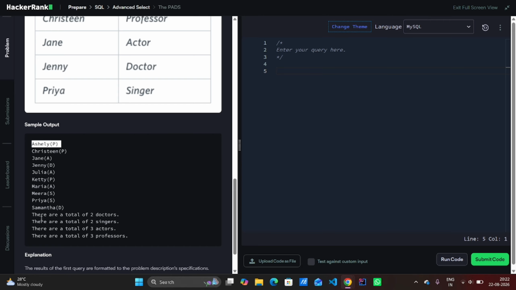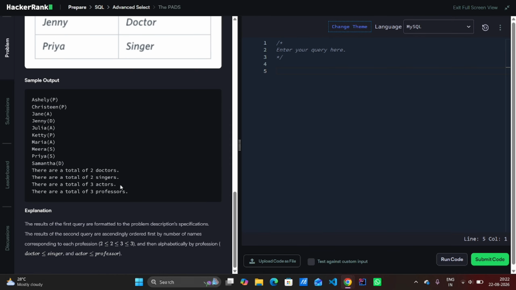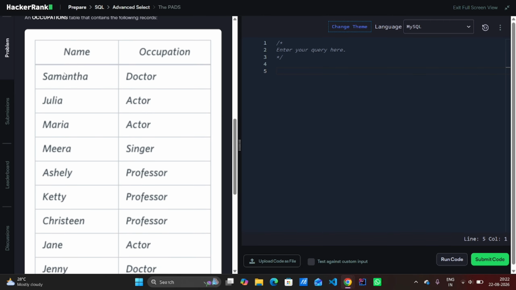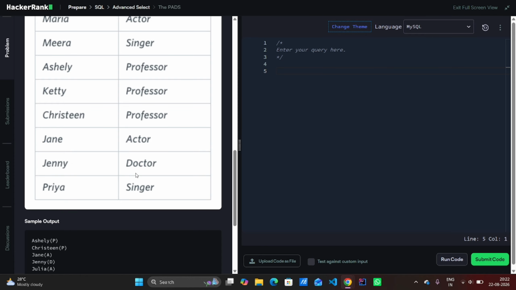And then in the next query, we have to query: there are a total of two doctors. If you know basic SQL, or if you know clauses in SQL, then you must know that we will use group by here. Because there are a total of two doctors, we search in this table: Samantha is doctor and Jenny is doctor.